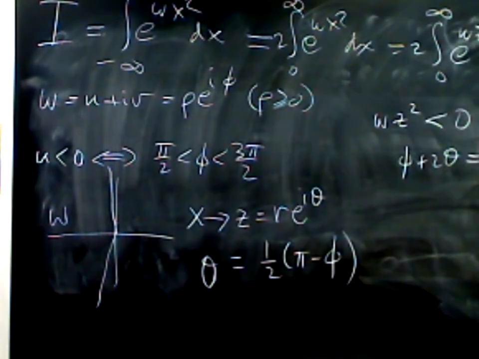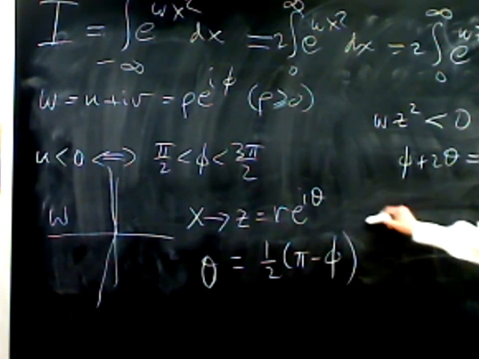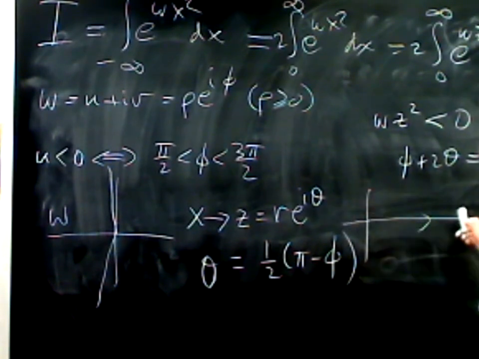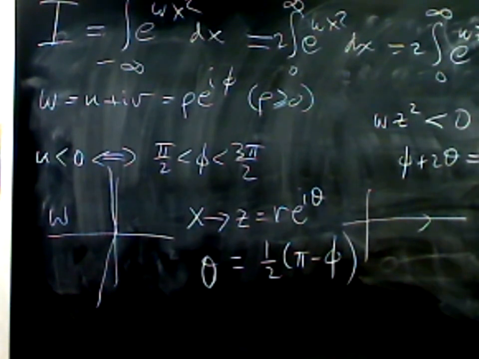And remember, phi is somewhere near pi plus or minus pi over 2. So when we deform this contour from 0 to infinity, we want to keep it within the part of the complex plane in which we get the real part of w z squared negative.